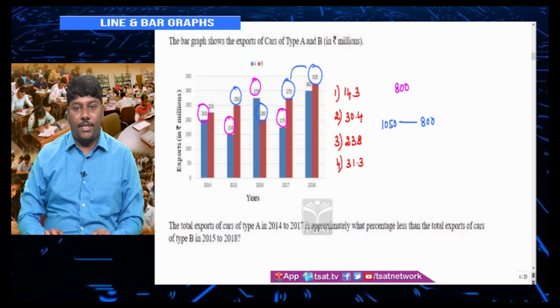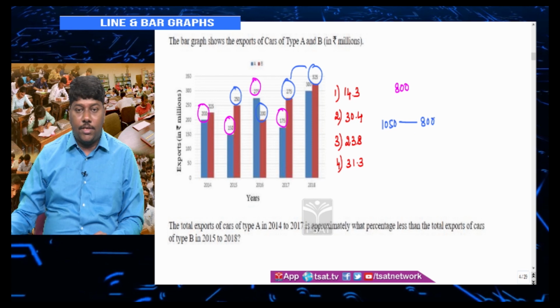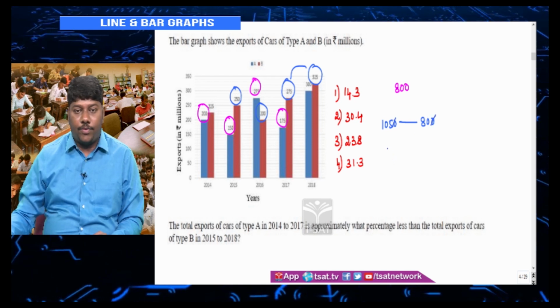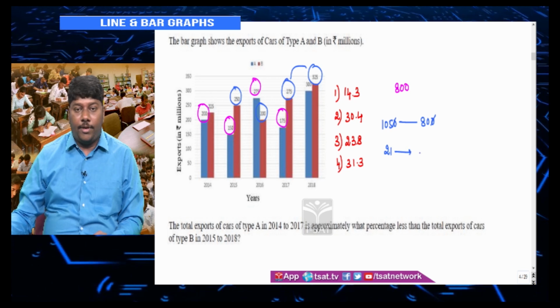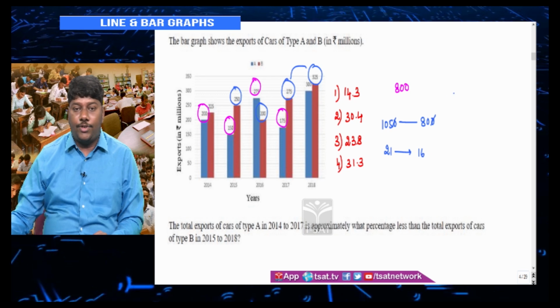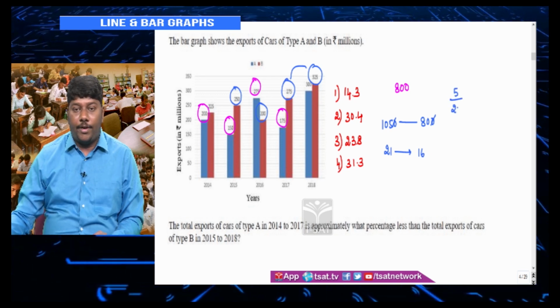Percentage less means percentage decrease. Now, all you need to find out is the percentage decrease. 0, 0 cancel. 5 table you cancel it, it becomes 21. 5 table you cancel it, it is 16. Therefore, I can say the percentage decrease is 5 upon 21 into 100.